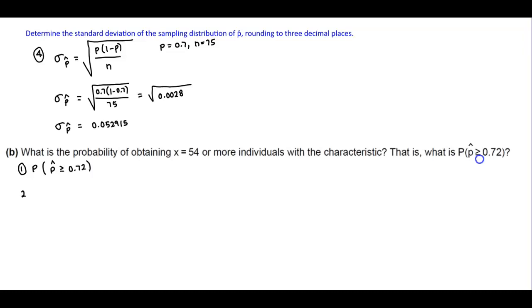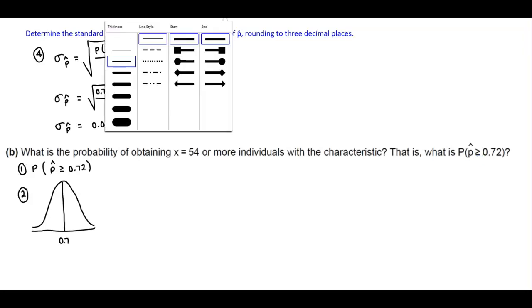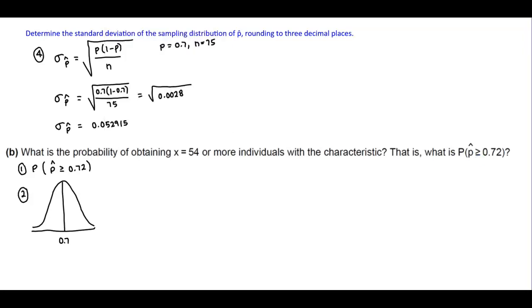Let's draw our bell curve so that we can see what we're looking at here. We know that the mean is the proportion, which is 0.7, and we're looking for the area that's greater than 0.72.